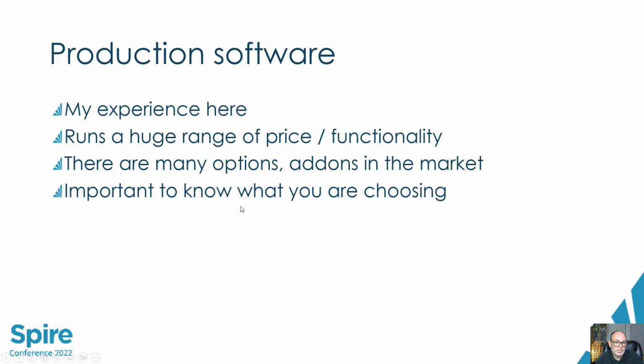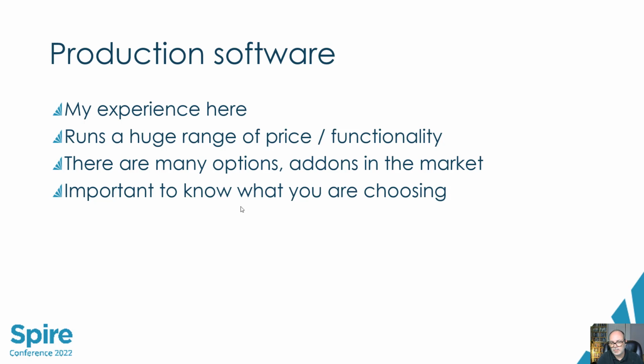It's important with production software. It's important with any software, but particularly with production software, to know what it is that you're looking at. There's such a range of available options with production software that it's a really good idea to install a demonstration package, model the bills of materials that you want to build, look at your process, and really understand whether or not this suits what you're looking for, particularly because the expectations are not as standard, I find, for production as they might be for example accounting, where there is one correct way to do accounting, even though there might be multiple ways to come to that conclusion.